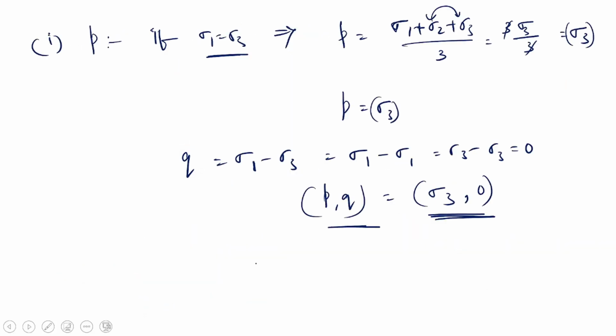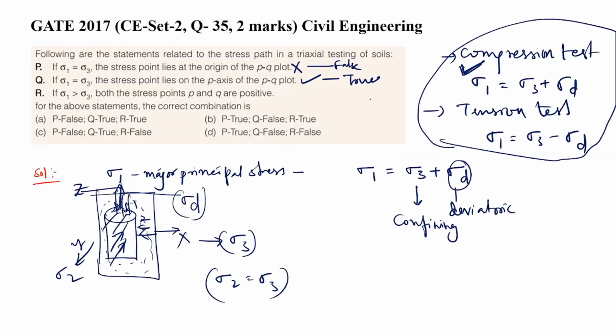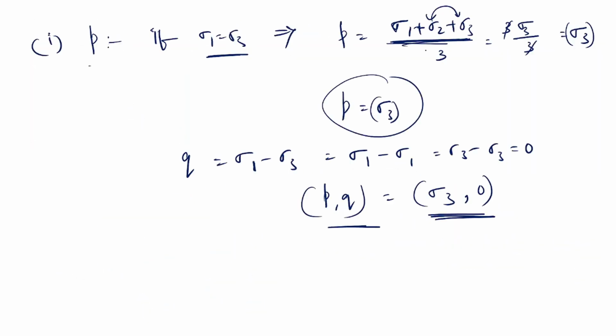See, by definition, P is this, and even though sigma 1 is lesser or greater than sigma 3, you are adding them at the end, so you will get a positive value. And what about Q? Q is always sigma 1 minus sigma 3, that means vertical stress minus remaining confining pressure.